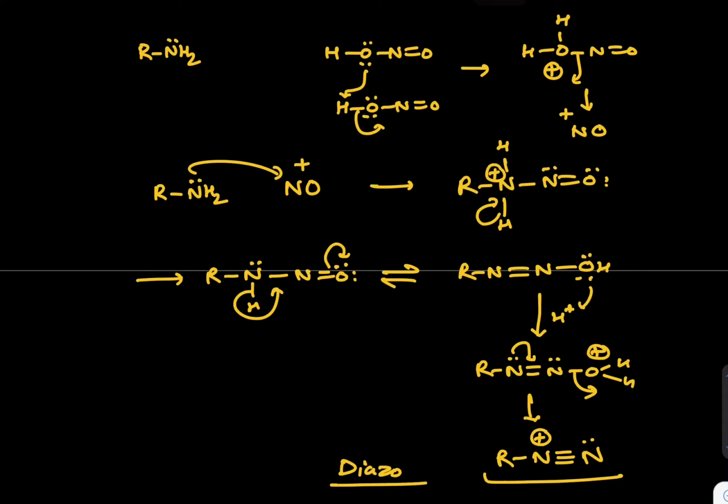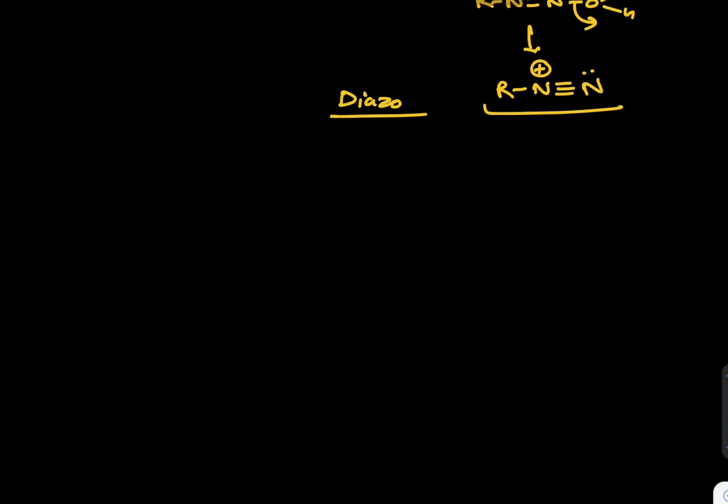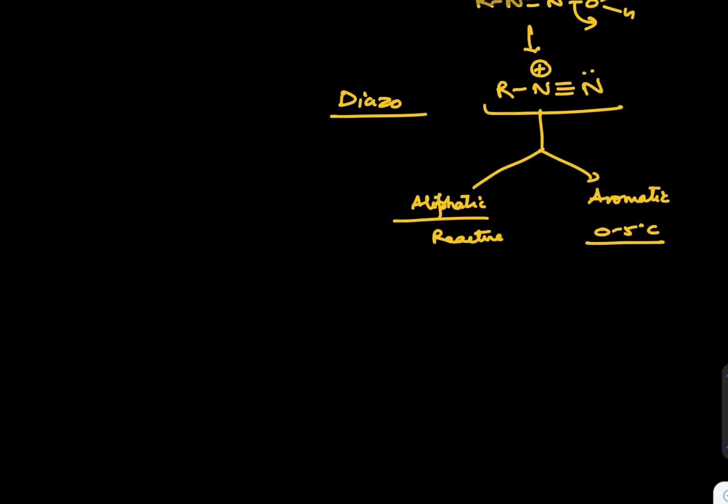So it's a diazo compound, RN2 plus. Diazo compounds of this type, if aliphatic, are highly unstable and highly reactive. If you have the same thing from aromatic compounds, they are stable between 0 to 5 degrees Celsius. But if you increase the temperature, it will not be stable enough.